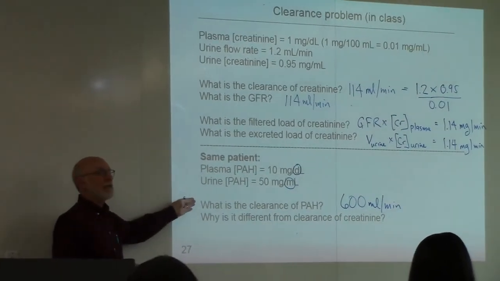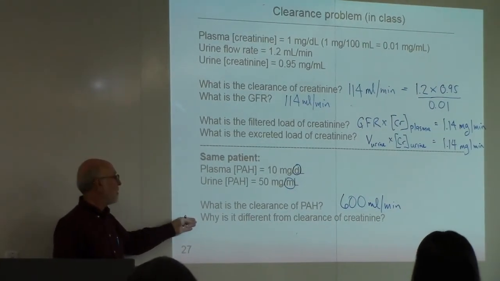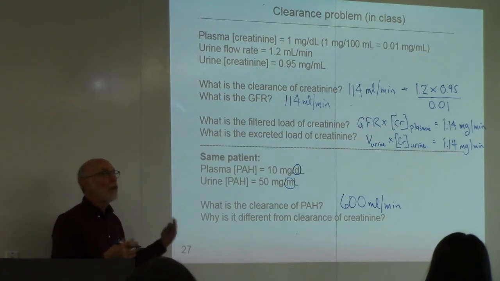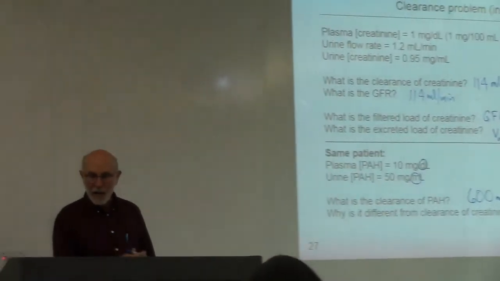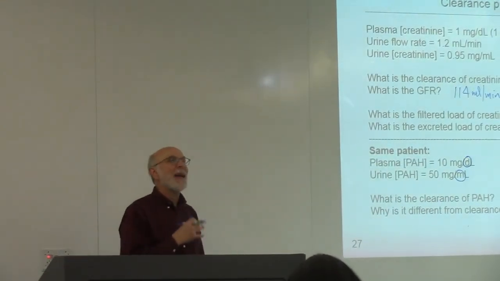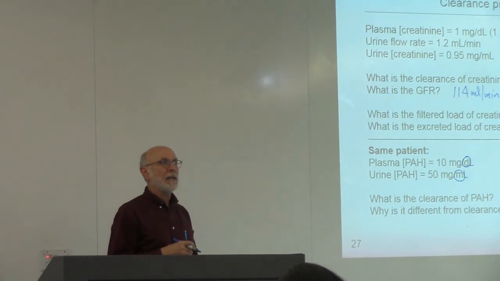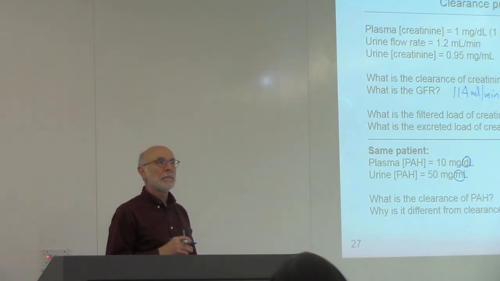Why is the clearance of para-aminohippuric acid different from the clearance of creatinine? What's the mechanism? What's the biology there? It's not mathematical, but biological. The creatinine is only filtered, but the PAH is filtered and then completely secreted. Exactly.